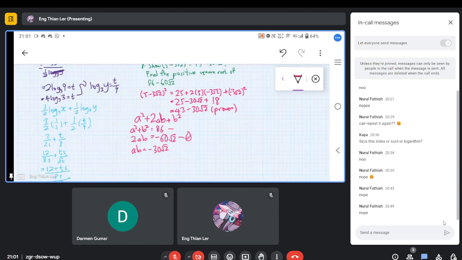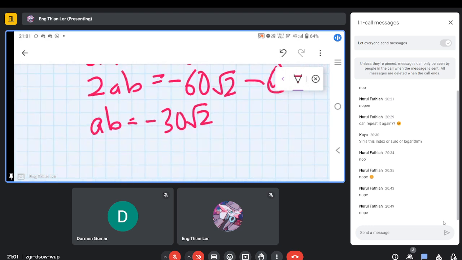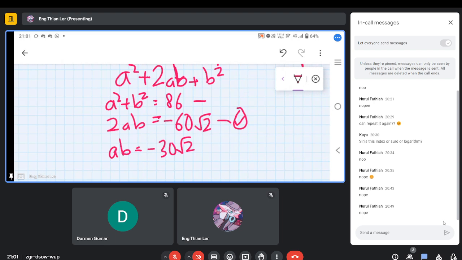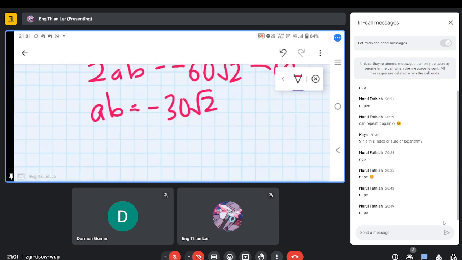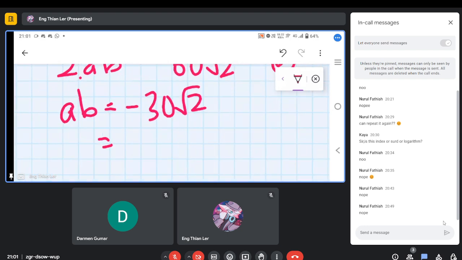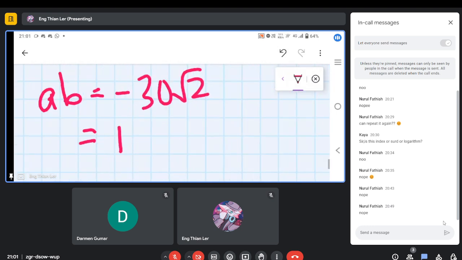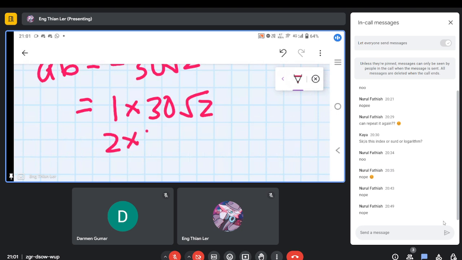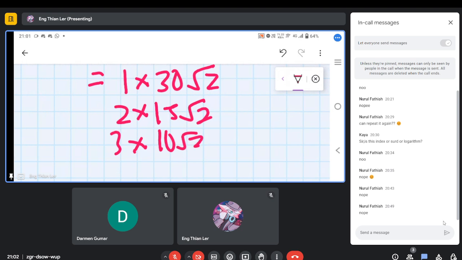And we need to find the roots from negative 30 root 2. So how do we do that? It's easy. We just take all the factors. So now I'm going to write all the factors for 30 root 2. The first part, of course, is the positive part first. 1 multiplied by 30 root 2. 2 multiplied by 15 root 2. 3 multiplied by 10 root 2.